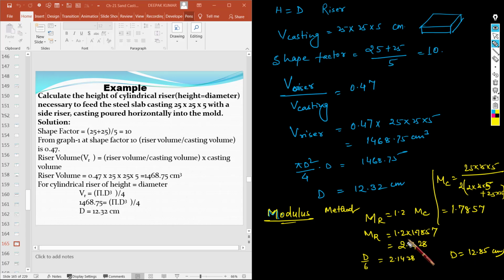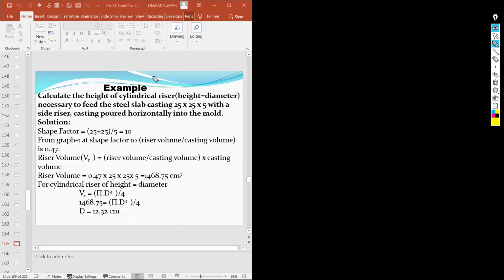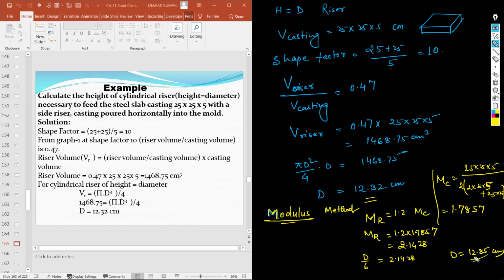From here we can see almost comparable values are coming with both the methods. In this case the diameter is larger, that means it will solidify a little later, and in the other case it is lesser, that means the modulus method is on the safer side. If you want to be safe, go for the modulus method.